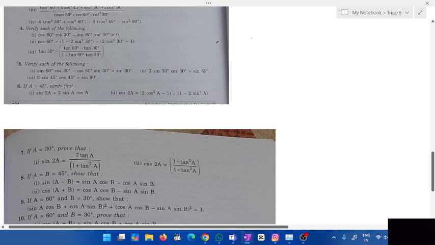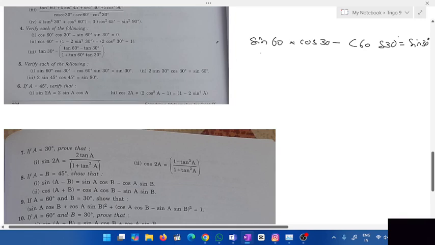Okay, look here. Fifth question, students. Sine 60 degree into cos 30 minus cos 60 into sine 30 is equal to sine 30. Left hand side we have a value, right hand side same, everything is same. Okay, try this question.